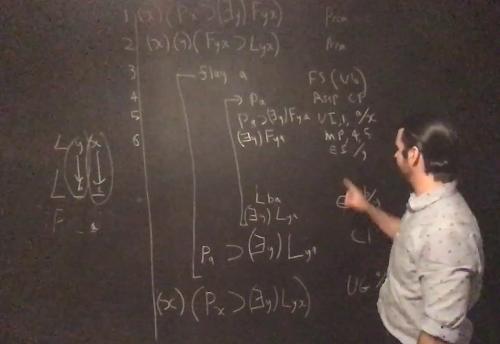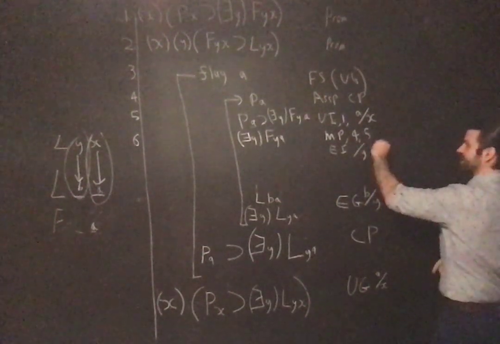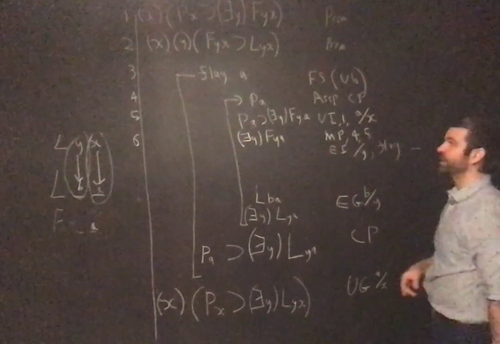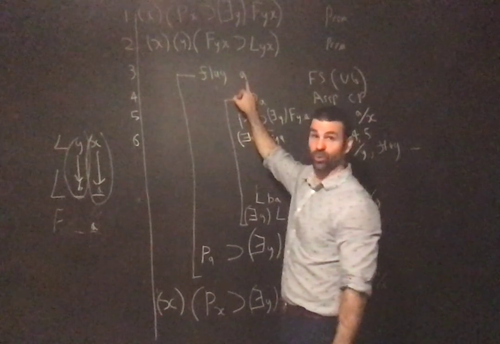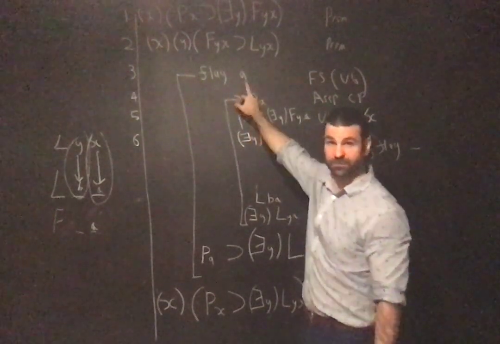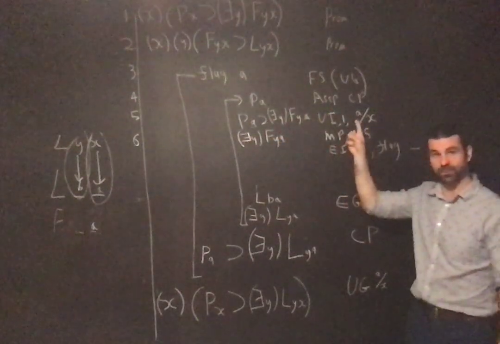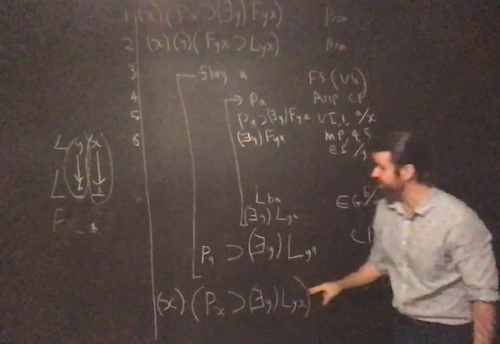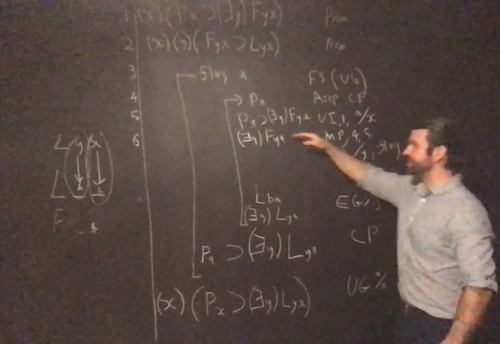No, I cannot existentially instantiate to A because whatever letter I instantiate to, I have to flag that letter. And I cannot flag A because A has already appeared in the proof. That was the very first non-premise step I made, setting up for the UG subproof. So I can't flag A, so I've got to flag B. This is a necessary step.